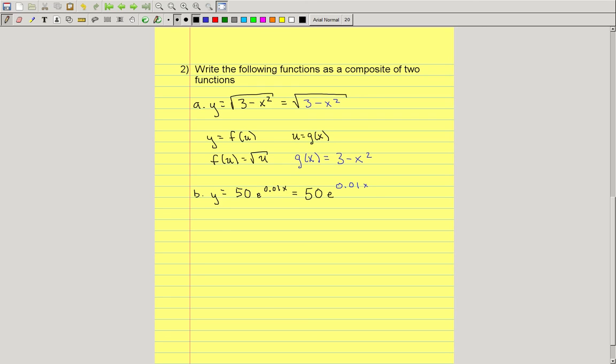So again, breaking this up into two parts, y equals f of u, and u equals g of x, we're going to have y equals 50 times e to the u, and then for our second part, g of x equals 0.01x.